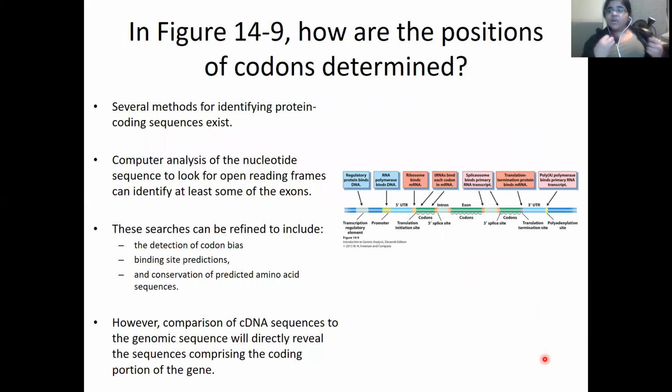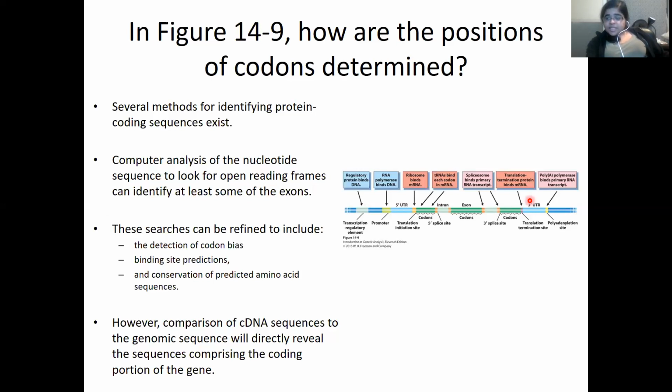So in this case, how are the positions of the codons determined? There are several methods. This is figure 14.9. Several methods involve the sequences of proteins. One of the ways is computer analysis of the nucleotide sequence to look for open reading frames that can identify at least some of the exons.